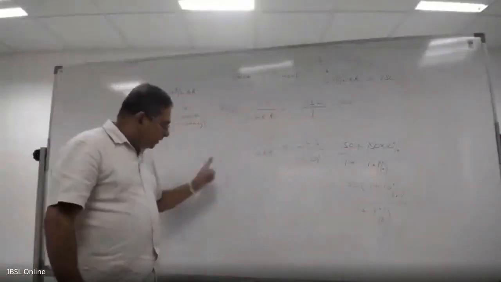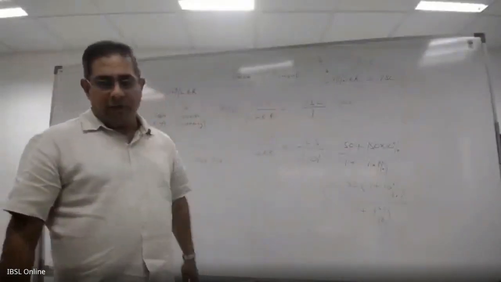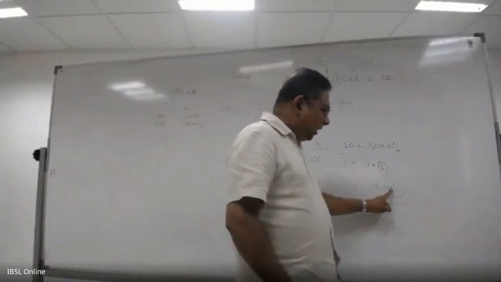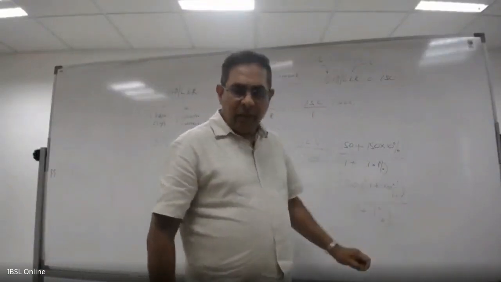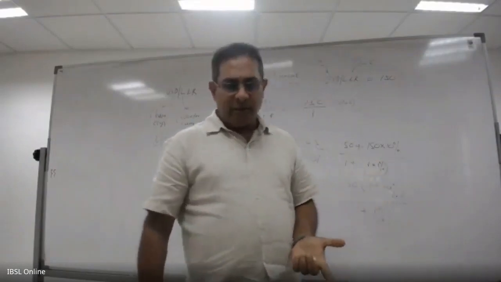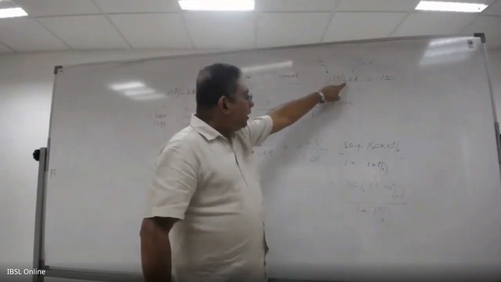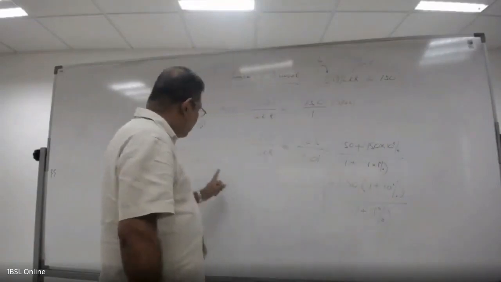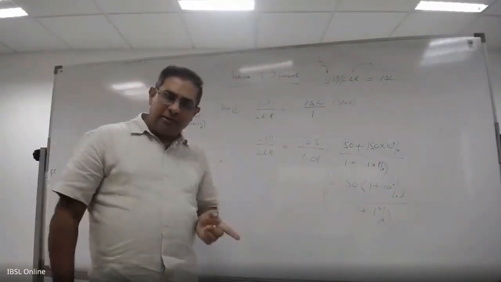So I'm going to substitute that to get a generic formula. 1 plus 10% is the interest rate being yielded for a deposit you made in Sri Lankan rupees. According to the exchange rate, LKR is the counter currency. So 10% is the interest rate of the counter currency.